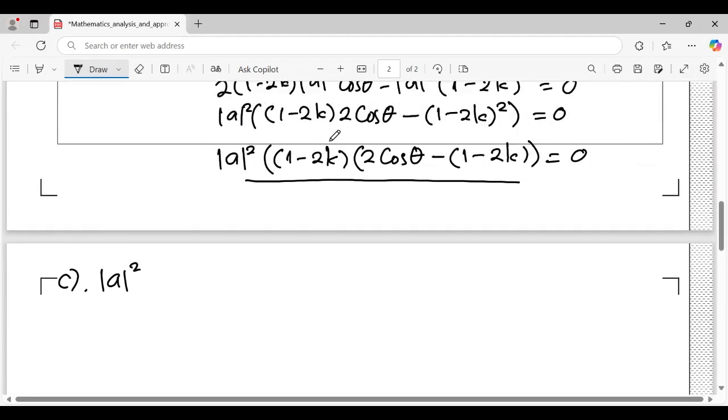This one, 1 minus 2K, 2 cosine theta minus 1 minus 2K equals 0.